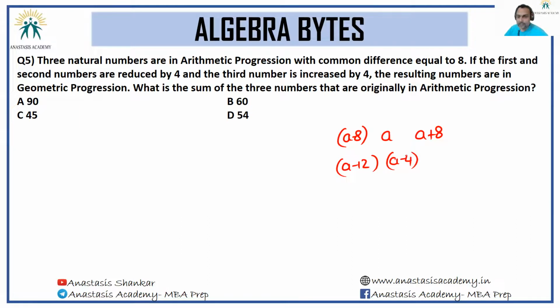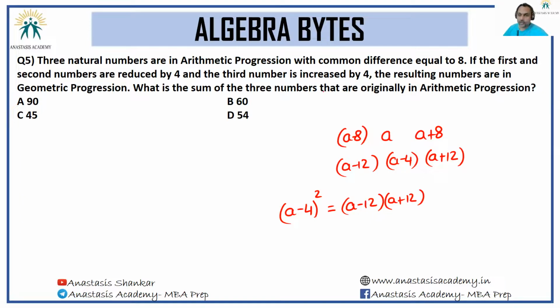The third number is increased by 4, I get a plus 12. The resulting numbers are in geometric progression, or another way of saying it is a minus 4 whole square is equal to a minus 12 into a plus 12.